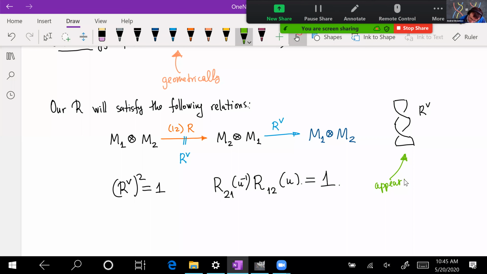That's actually notation that precedes the theory of quantum groups, because quantum groups originated from the study of vertex models in 2D statistical physics. In a vertex model, you think of an R matrix as an interaction.